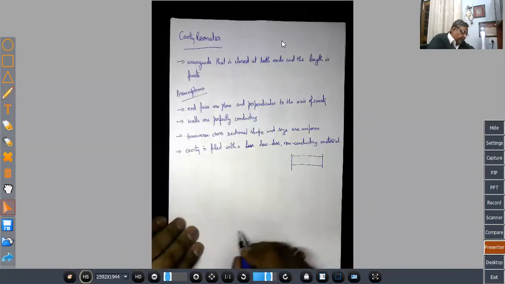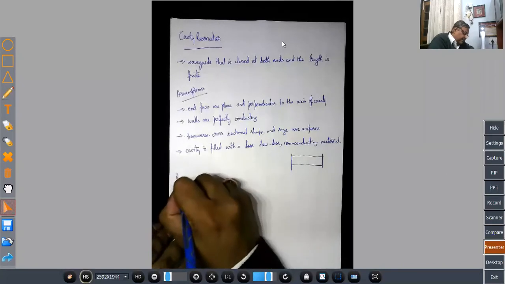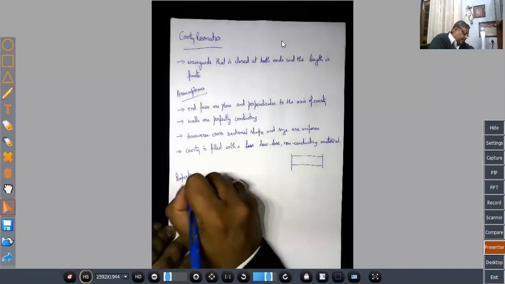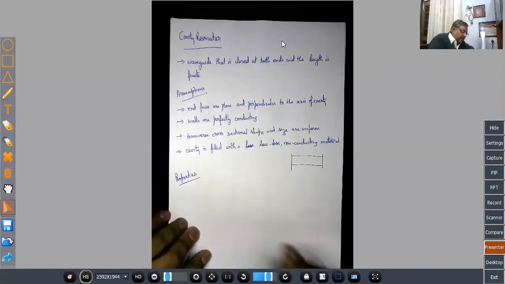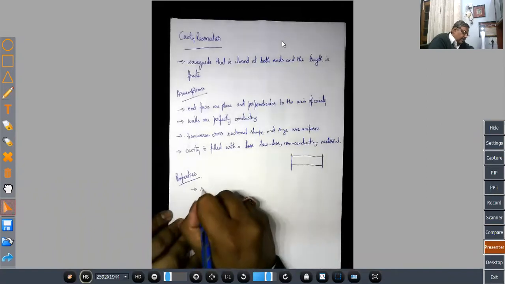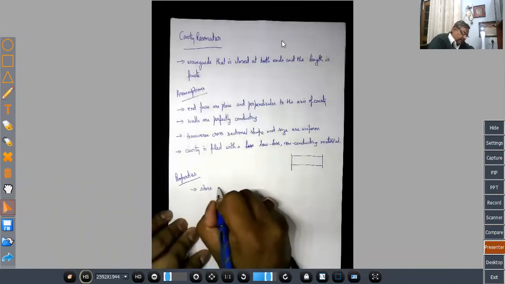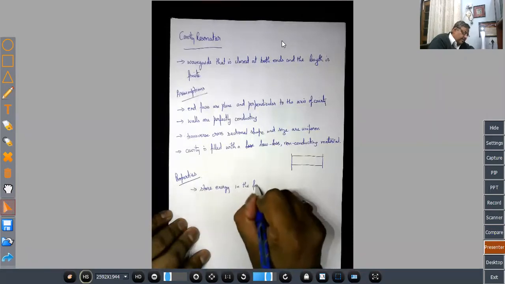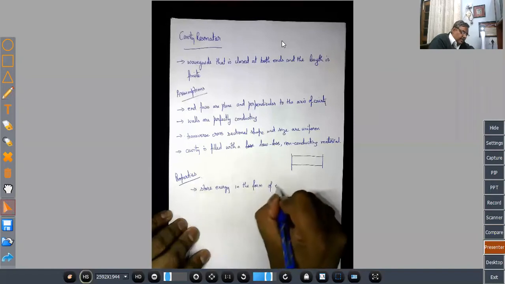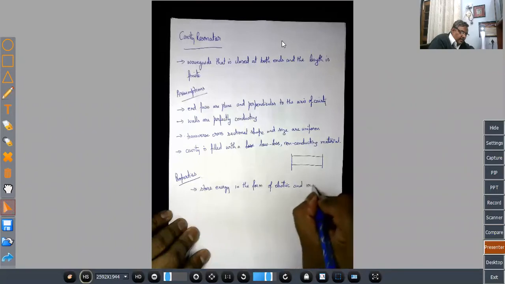And what will be the problem? Why we are studying this? The properties. Why it is important? This can store energy in the form of electric and magnetic fields.